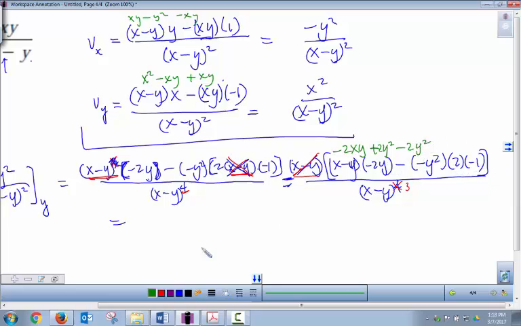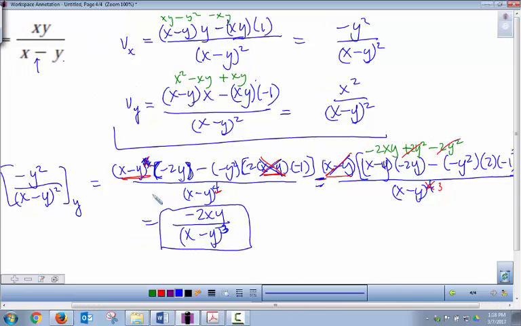And so I'm going to be able to cancel the 2y squareds. This is all I would have left in the numerator: negative 2xy divided by x minus y to the third. So this is Vxy.